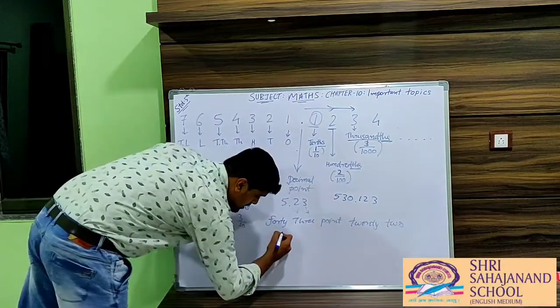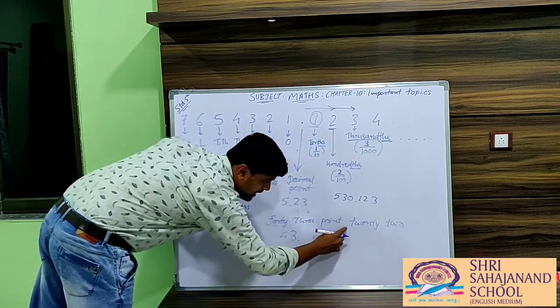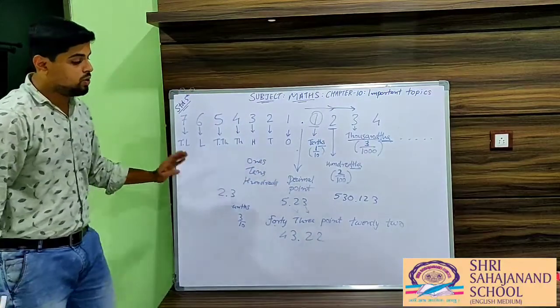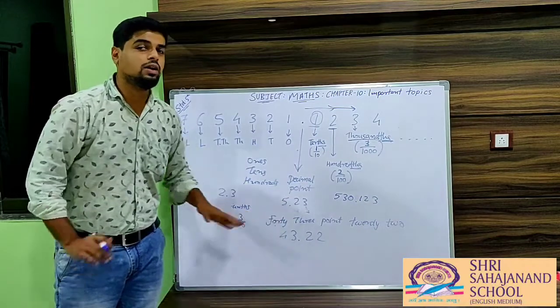You can write 43, and then 22. So in this way you can write in figures, and from figures you can write in words.